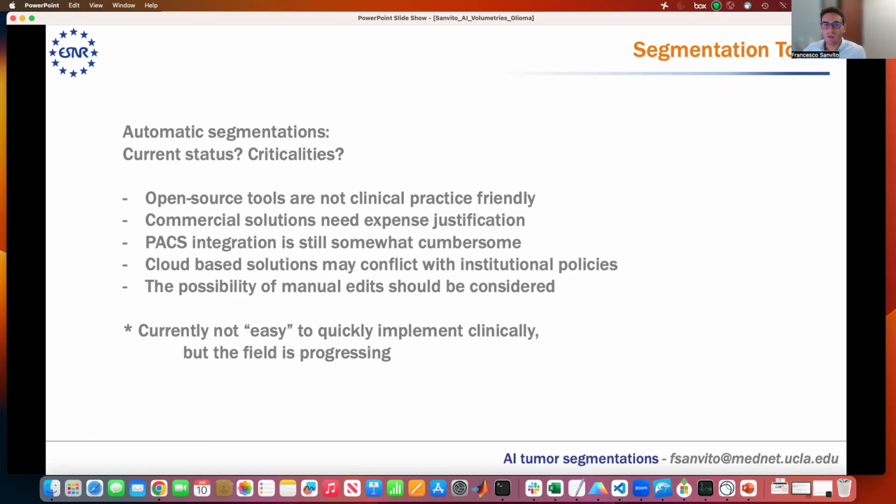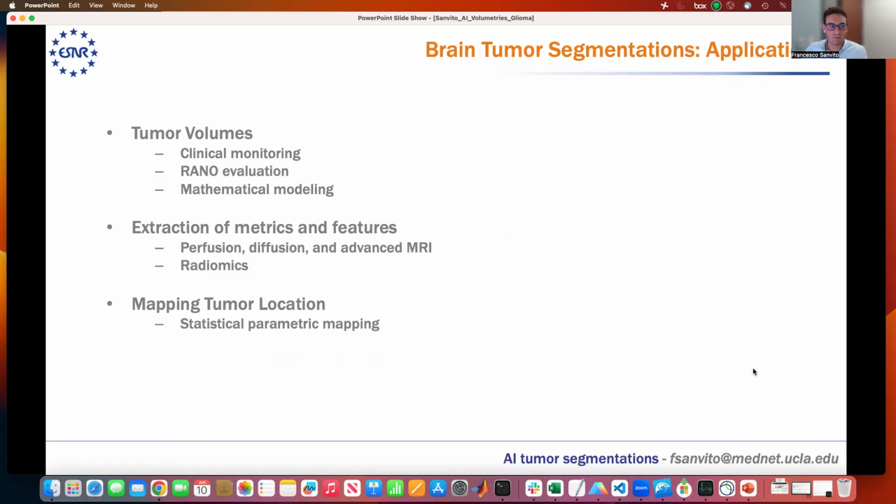So it's something that if you want to get a tool, you probably should ask if there is a possibility or not. So currently, overall, it's not super easy to quickly implement automated segmentation in the clinical practice, but I do think that the field is advancing very fast, and potentially some of these problems are going to be overcome sooner than later. So now we just discussed how to obtain tumor segmentation.